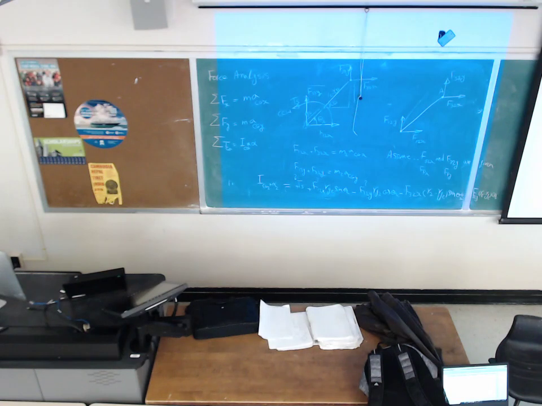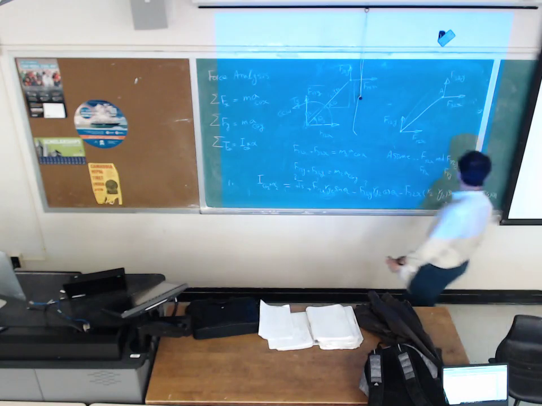FPX is sine, this is going to be cosine. This term has sine, the second term has cosine, and it's positive, so if I move it to the other side, it's going to be negative.